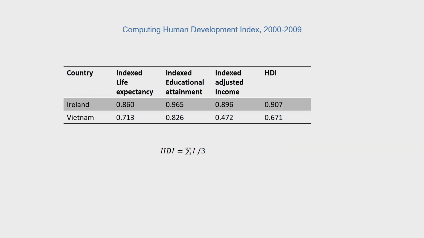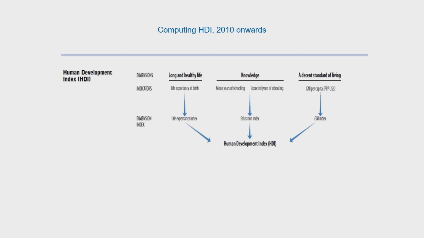So, then based upon those individual indices, a similar method of computation of HDI, simple arithmetic mean of the indexed values of life expectancy, education attainment and incomes, and the HDI of Ireland being far better than the HDI of Vietnam. Now, from 2010 onwards, there was an important change in the methodology of the computation of HDI.